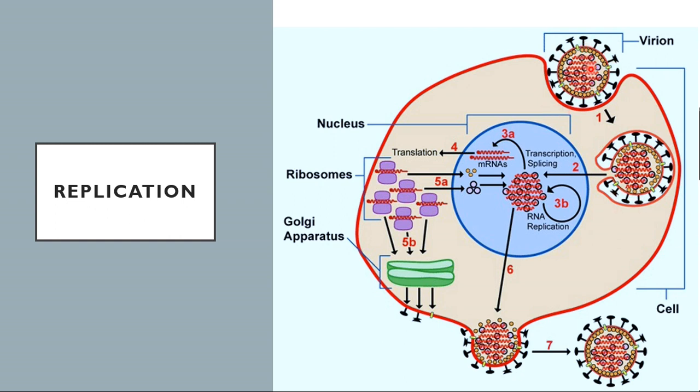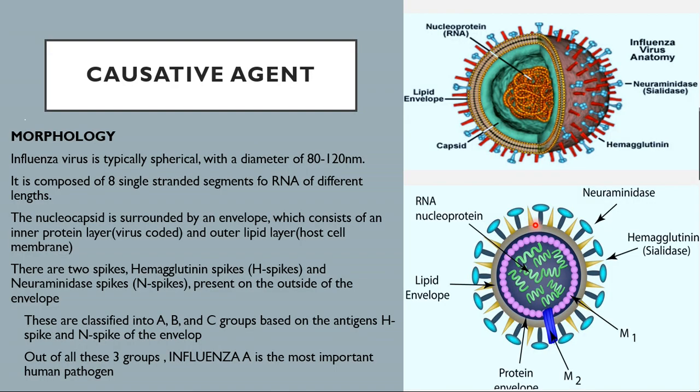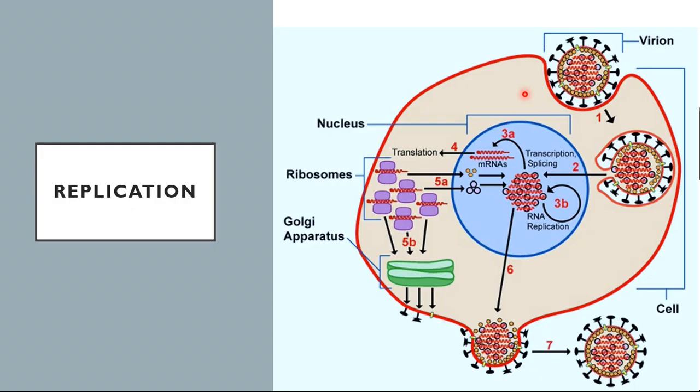And there in the cytoplasm, the nucleocapsid separates from the envelope and moves into the nucleus, where the viral genome replication takes place. Uncoating results in the activation of the virus RNA polymerase. So this virus contains an RNA polymerase enzyme, which is activated once the virus is uncoated.